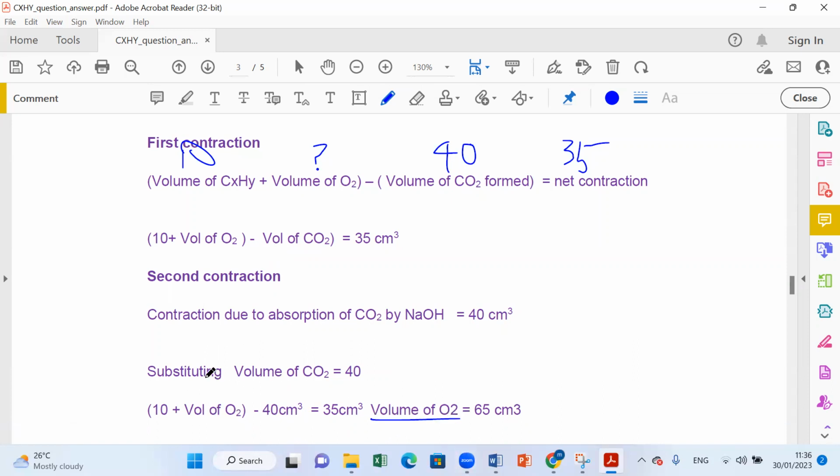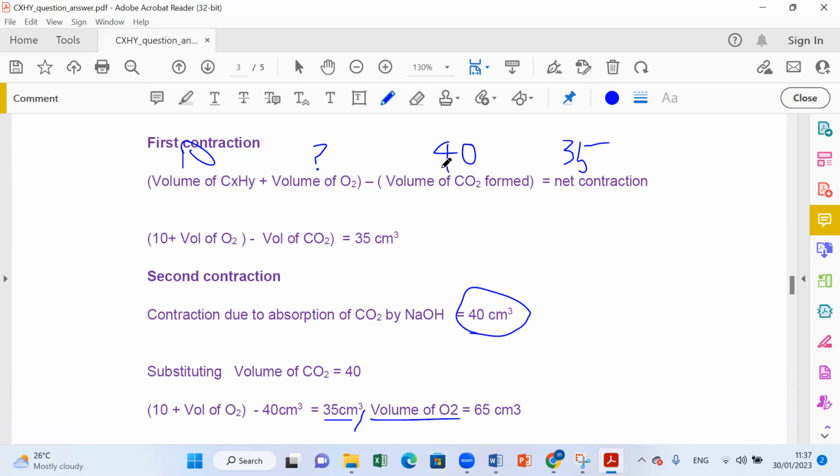Okay, I'll do it slowly. Based on the second contraction, you know that your volume of carbon dioxide is 40. So you substitute your 40 into your carbon dioxide here. And you already know that the CxHy used is 10. However, we do not know the volume of oxygen used, but we know that the first net contraction is 35. That means you're able to solve your O2. How to solve?